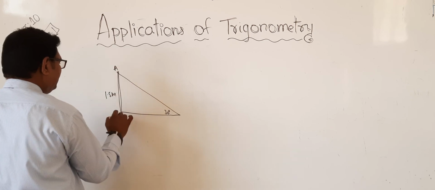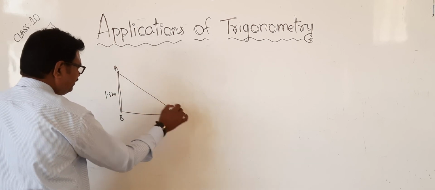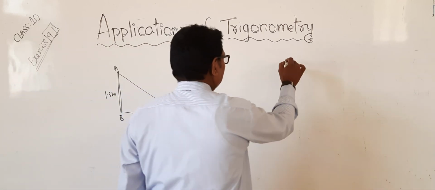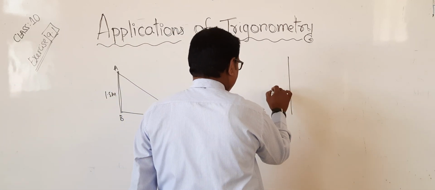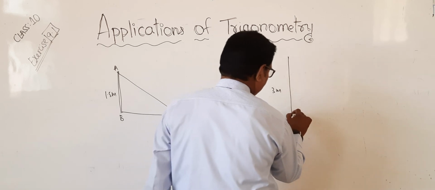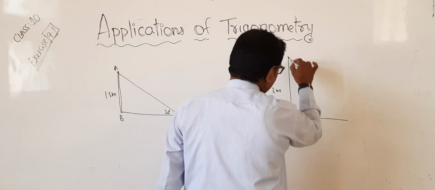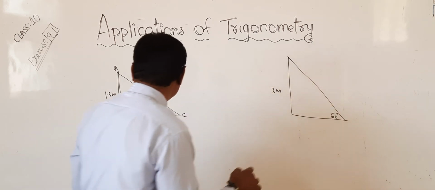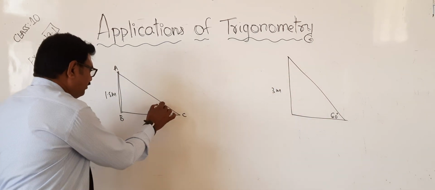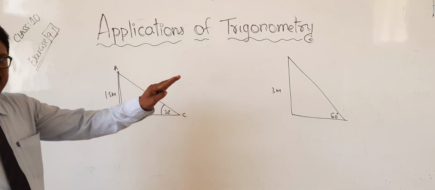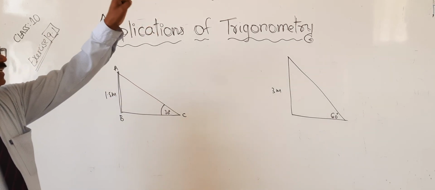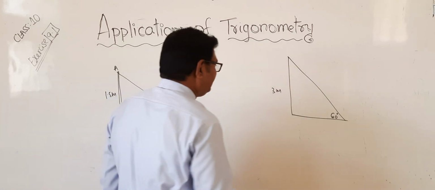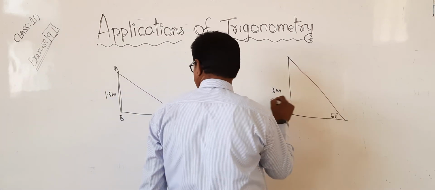That is A, B and C. And the second one is of 3 meters height and the angle of elevation is 60 degrees. Because here angle of elevation less means what happened? This much only. As the height increases, the angle of elevation also increases. Okay? It is 3 meters.